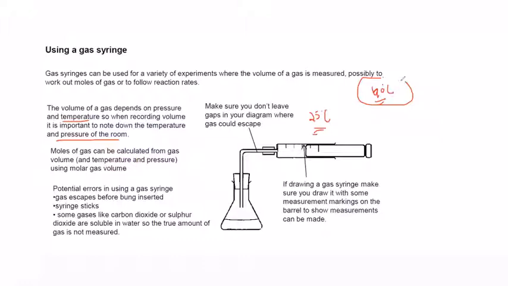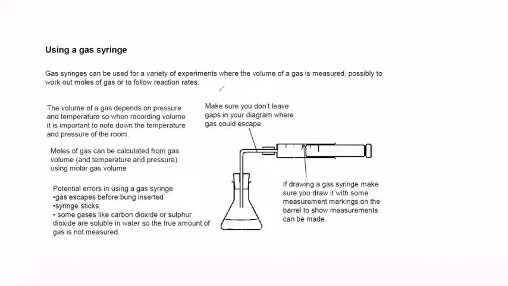Then, using the volume divided by 24, we get moles, and using the moles, we can work out the moles of other or unknown substances from the equation.